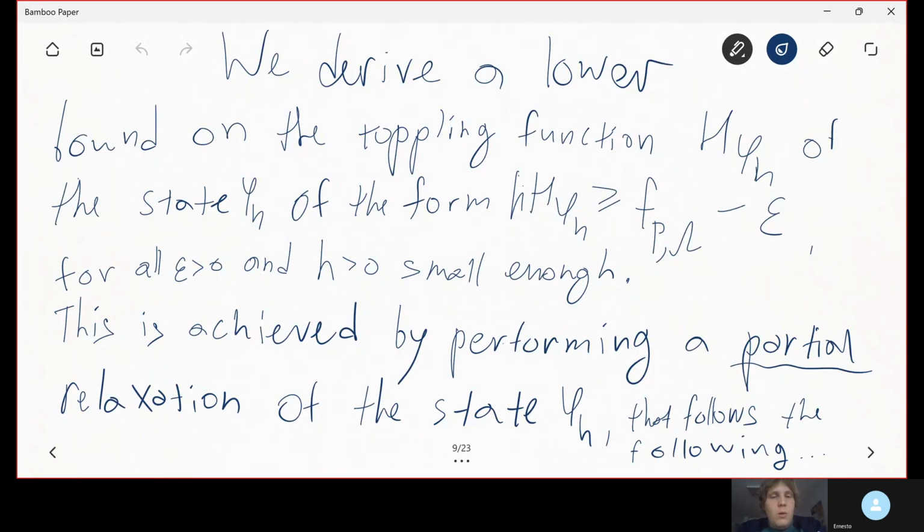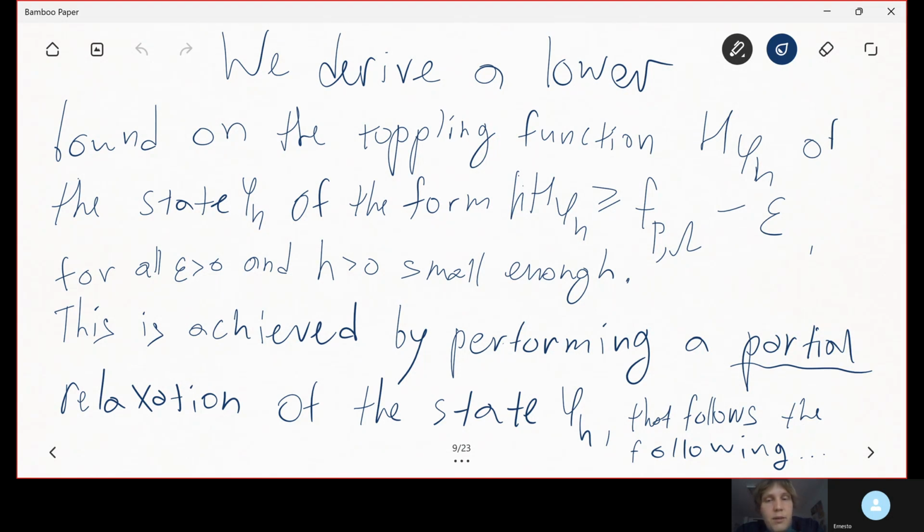So now we have the upper bound, and now I explain how to derive the lower bound. We are proving theorem C about the pointwise convergence. So this rounding would be of the form F_P omega minus epsilon for this h times phi h.